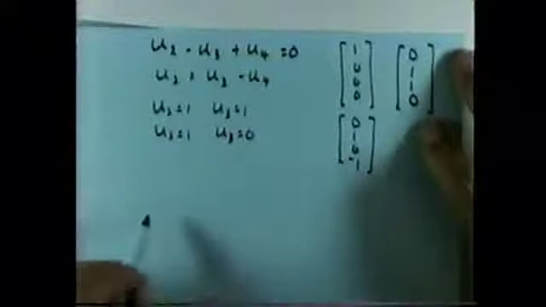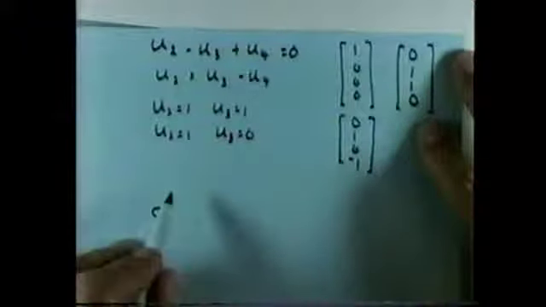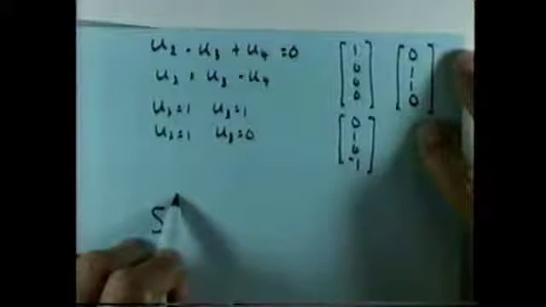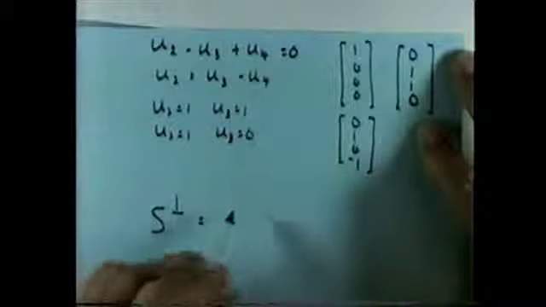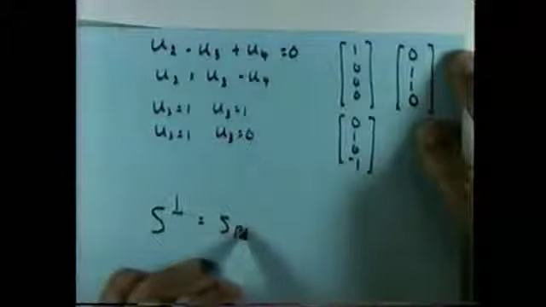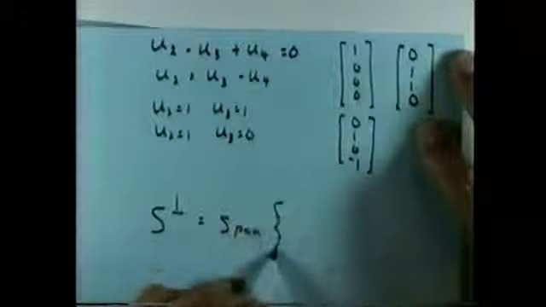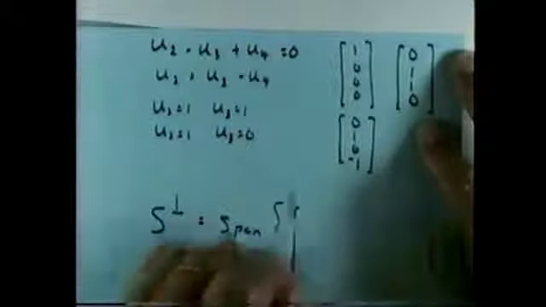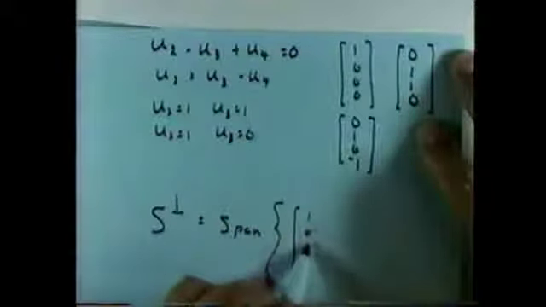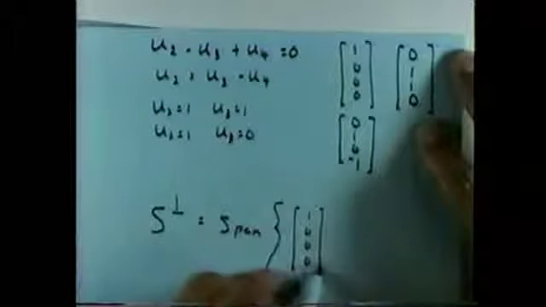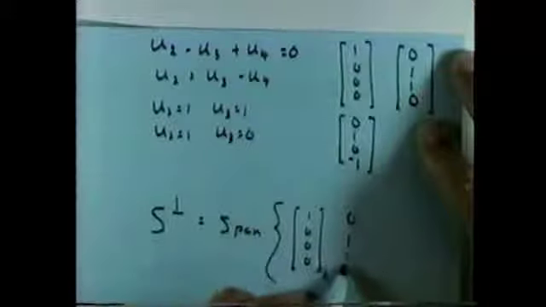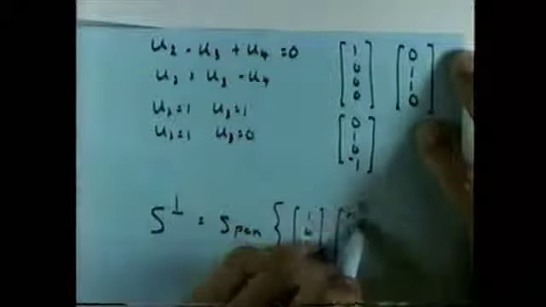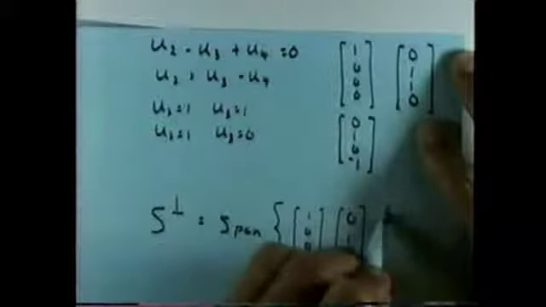And I can write that the orthogonal complement of S is going to be the span of the set of vectors 1, 0, 0, 0, 0, 1, 1, 0, 0, 1, 0, negative 1.